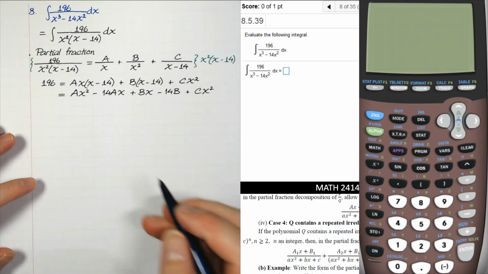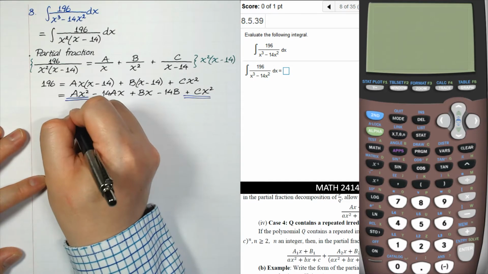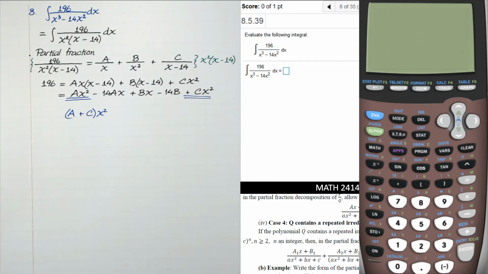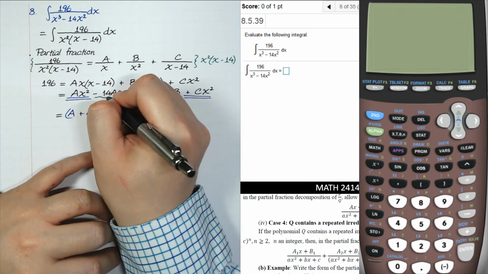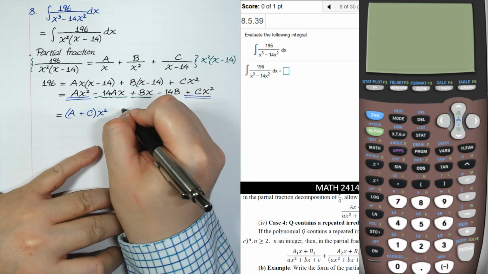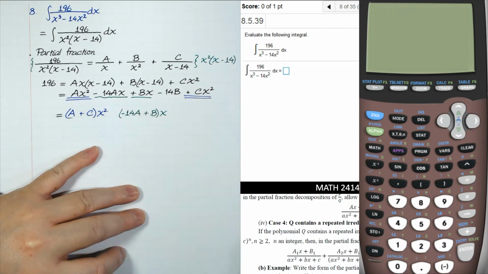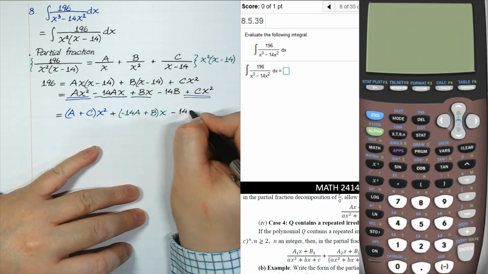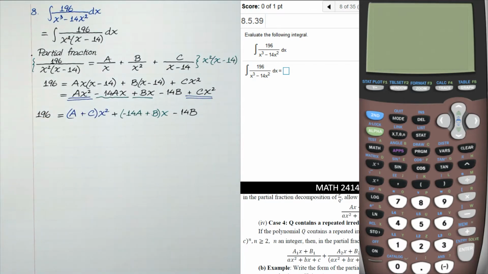Combine like terms. X squared: a plus c x squared, then an x factor on x, and then negative 14b, equals 196.